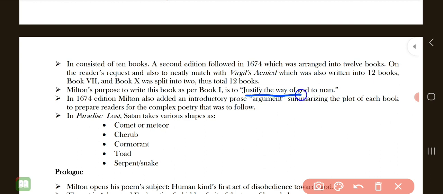In the 1674 edition, Milton also added an introductory prose argument summarizing the plot of each book to prepare readers for such complex poetry that followed. Here we see the summarization of each book in a very short form.